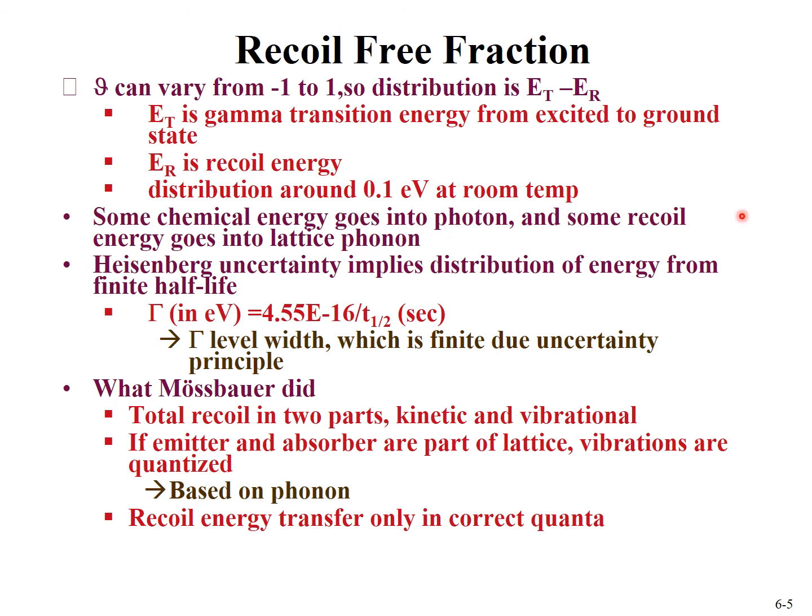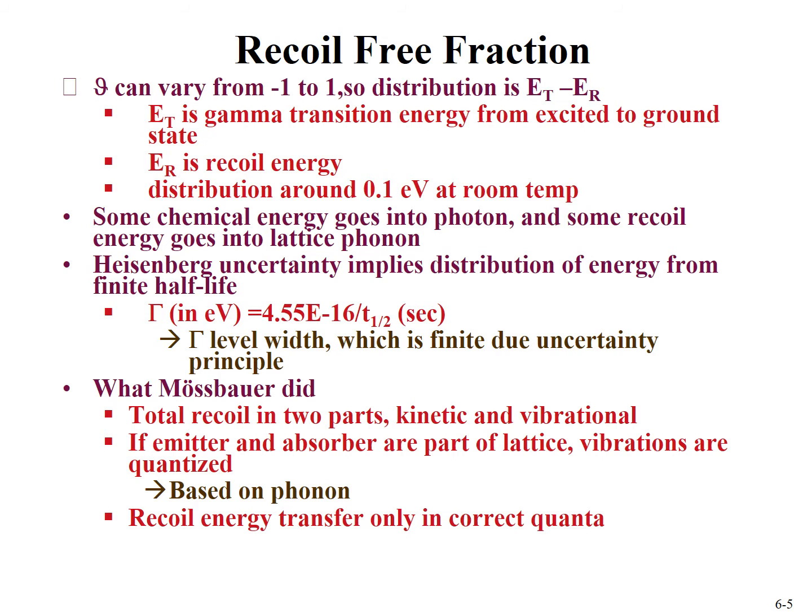Now, this is due to the fact that when this energy from the excited state to the ground state occurs, some of the energy will go into the photon, and some of the recoil goes into the lattice energy, or this lattice phonon energy.